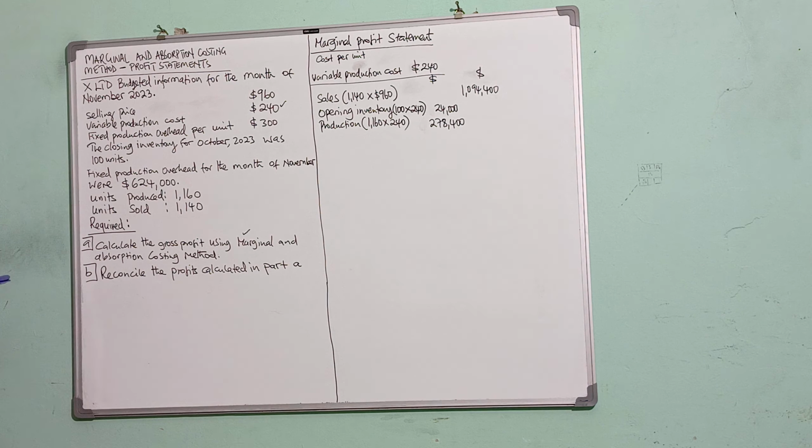We sold 1,140, so minus 1,140, I remain with 120 units.